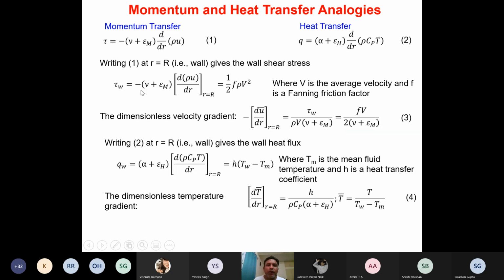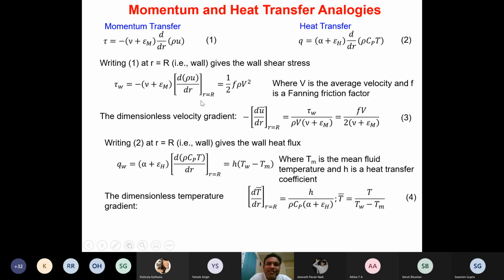We can write tau W, which is the wall shear stress, as minus (nu plus epsilon m) d rho u by dr, calculated at r equals R.